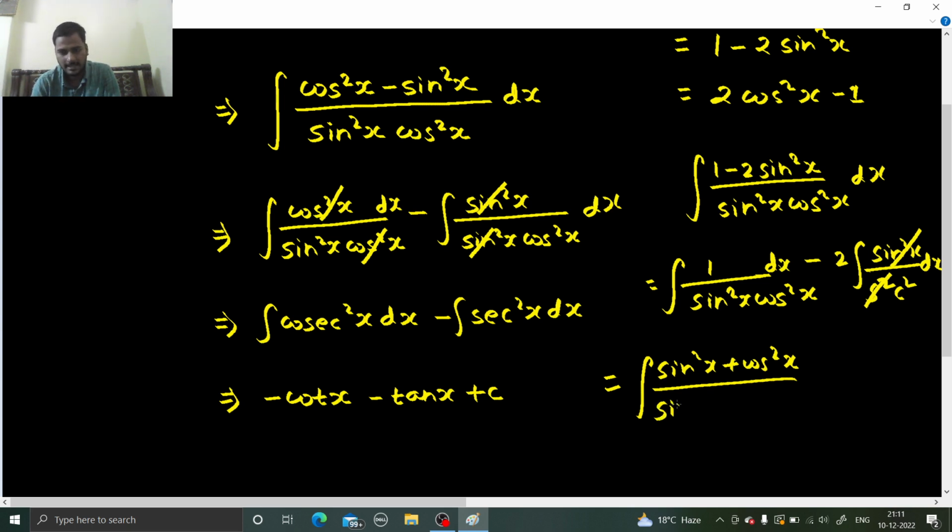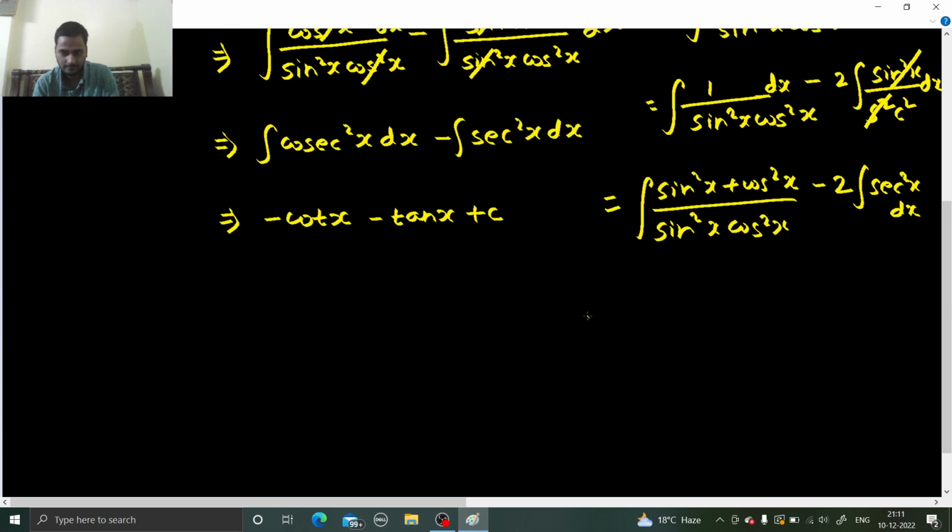Now this is sine square x. 1 upon cos square x is secant square x. Sine square will get cancelled when you will separate. So you will get 1 by cos square x dx plus 1 by sine square x dx.